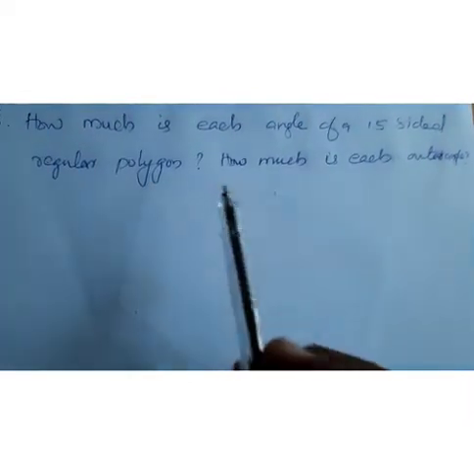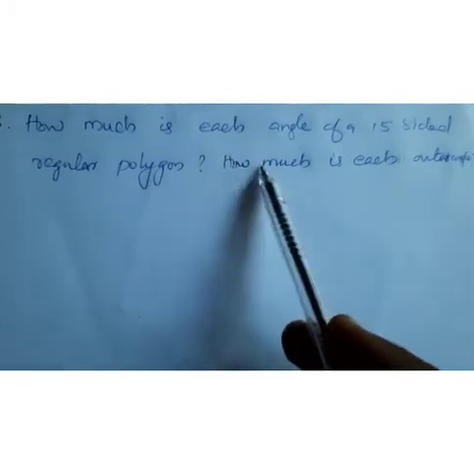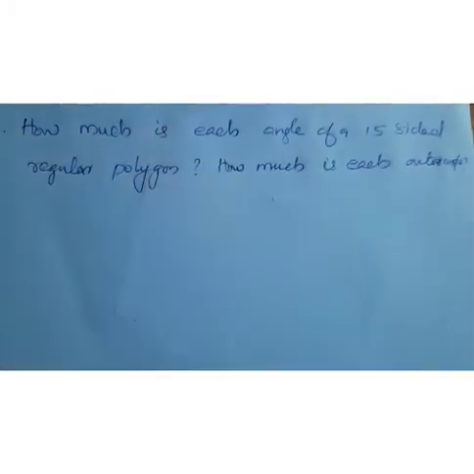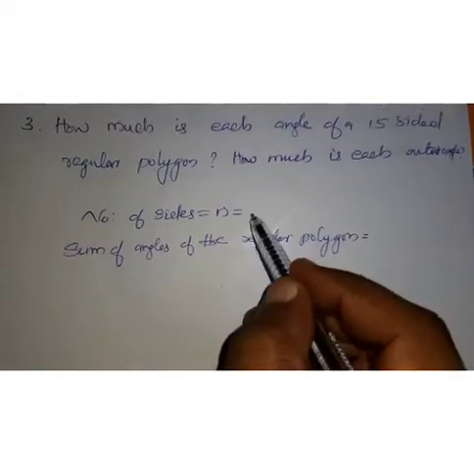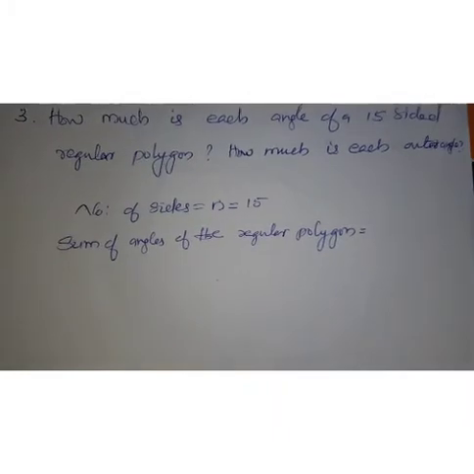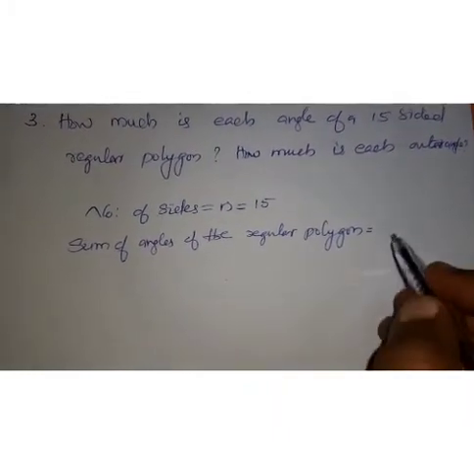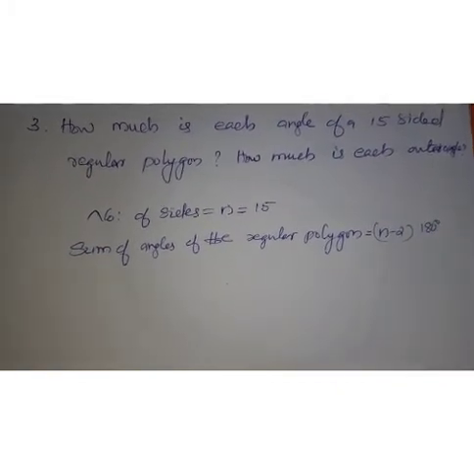How much is each angle of a 15-sided regular polygon? How much is each outer angle? Number of sides is given. N is equal to 15. And what is the sum of angles of a regular polygon? It is n minus 2 into 180 degree.